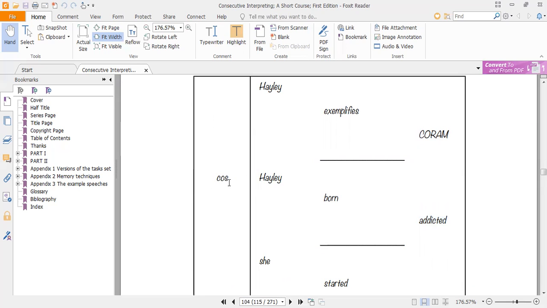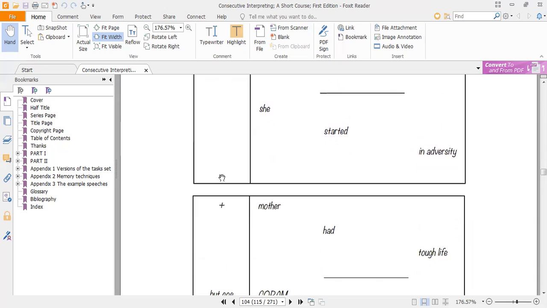For example, cause is the abbreviated form of because. Now, if we have another sentence, subject, verb, object, subject, verb, object, we have noted two sentences. Now we want to clarify the link between the two sentences. We write in the margin a plus, which means and.